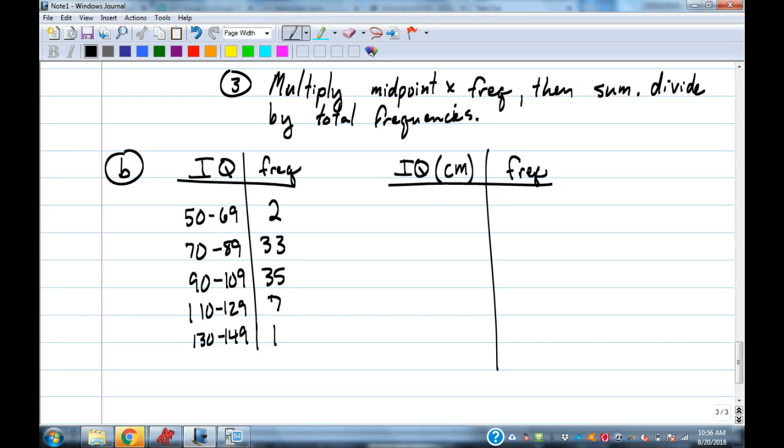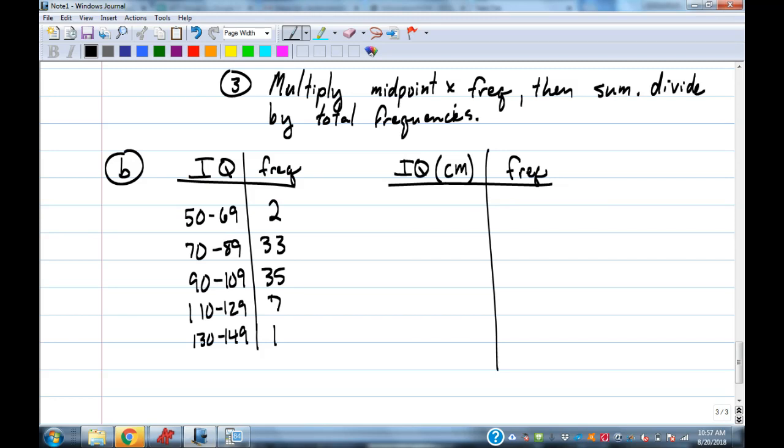So if we add those two and divide by 2, it's 59.5.